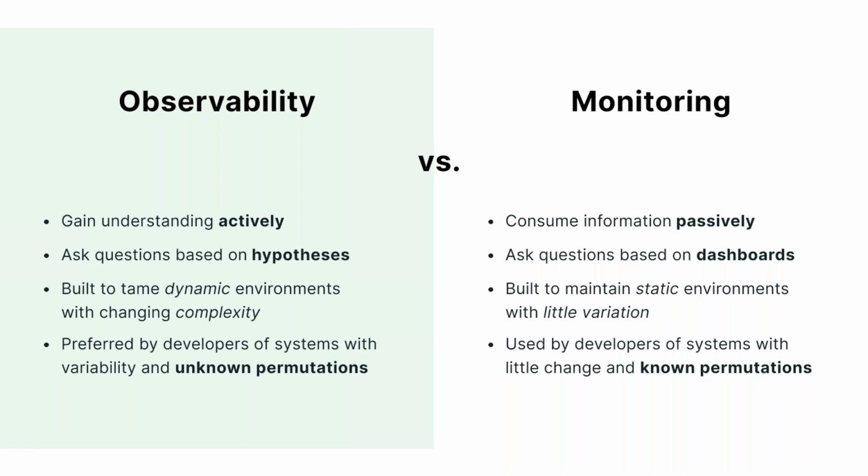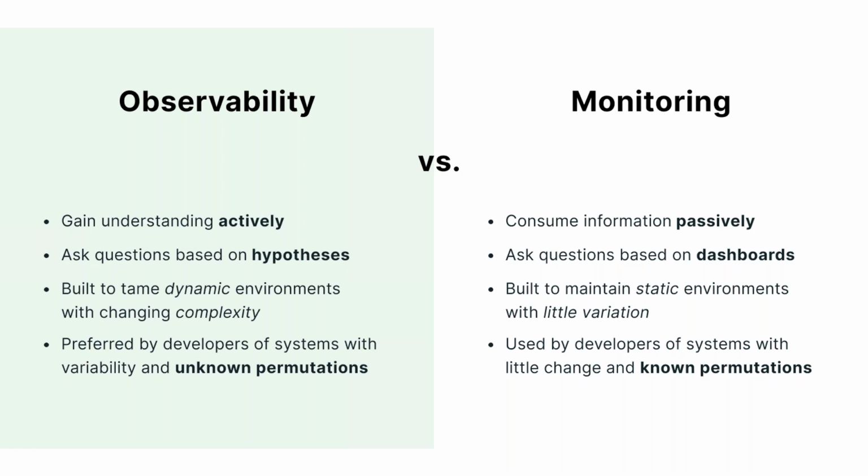But monitoring is primarily built to maintain static environments with little variation. So if you want to monitor Kubernetes as a dynamic environment, it's very hard to do. Observability is preferred by developers of systems with variability and unknown permutations. Monitoring is used by developers for systems with little change and known permutations.